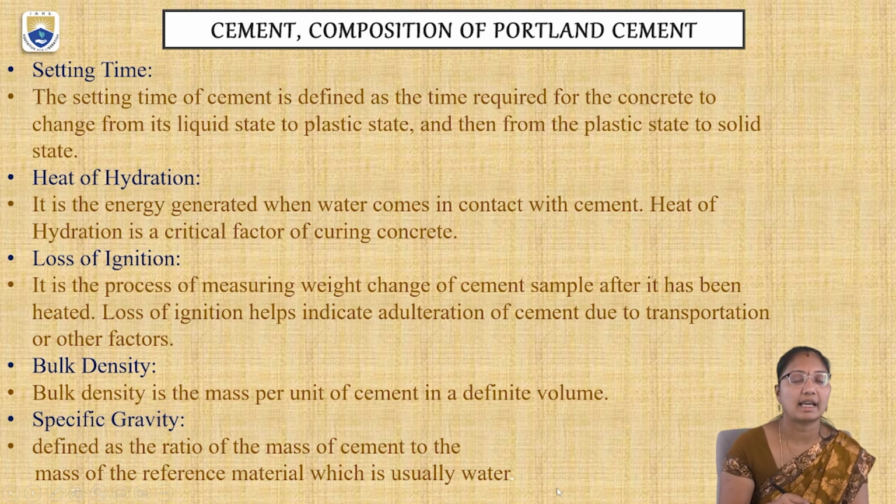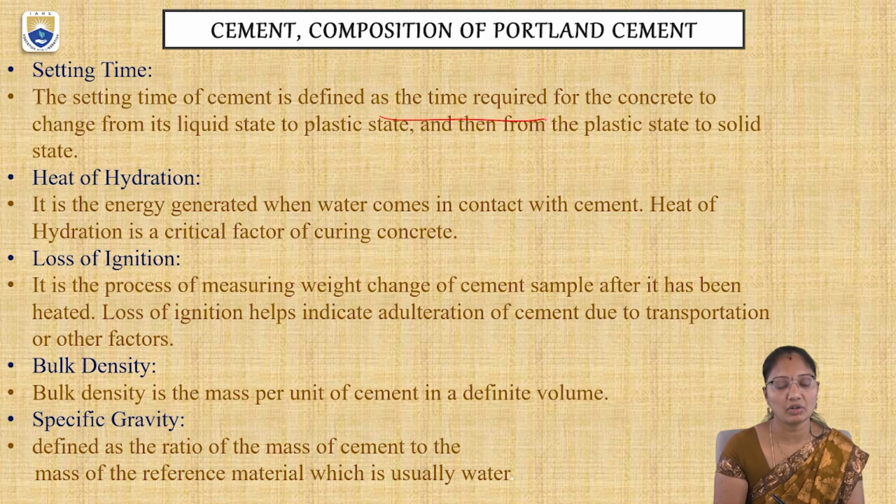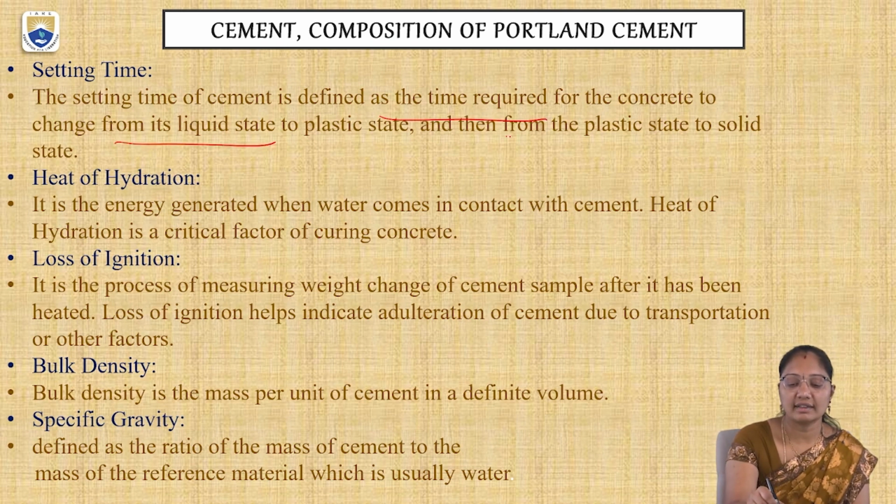Next is the setting time. The setting time of a cement is defined as the time required for the cement to change from the liquid state to the plastic state and then from the plastic state to the solid state.